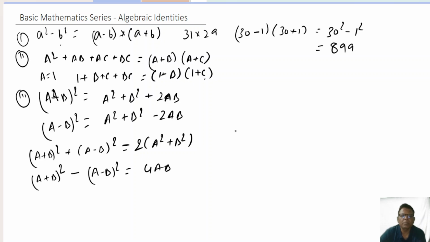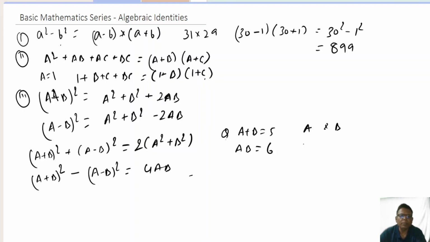Let us do one question. Suppose a plus b is equal to 5 and a into b is equal to 6. So you have to find a and b. How will you find out? You will have to find a minus b.